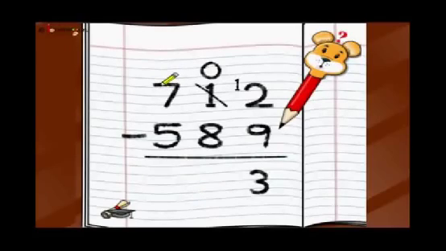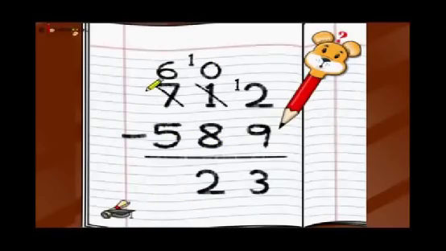He says, sure, I can give you, but then I will be reduced by 1. So 7 becomes 6, and it gives a 1. So 0 becomes 10. Now from 10 I can easily remove 8. 10 minus 8 is 2.